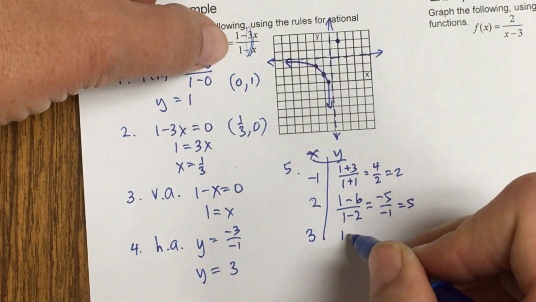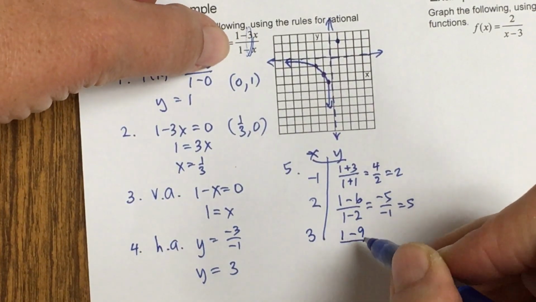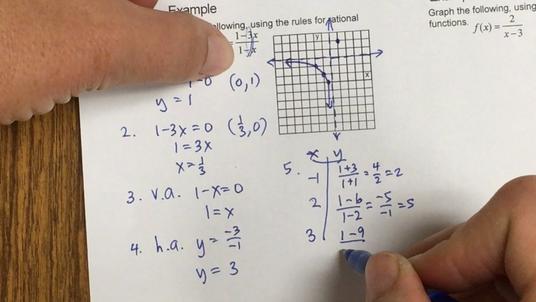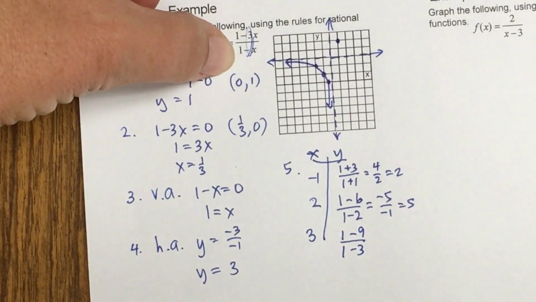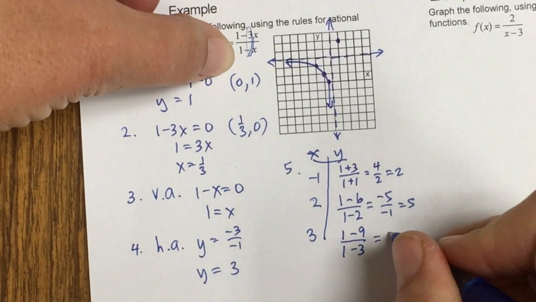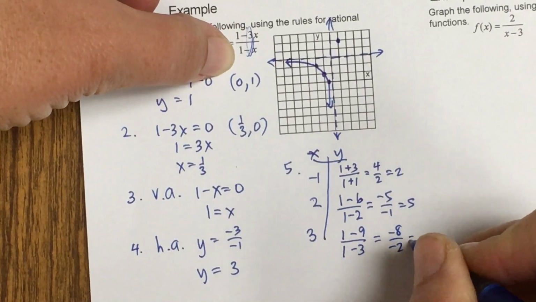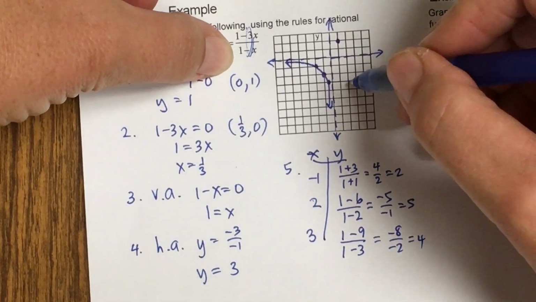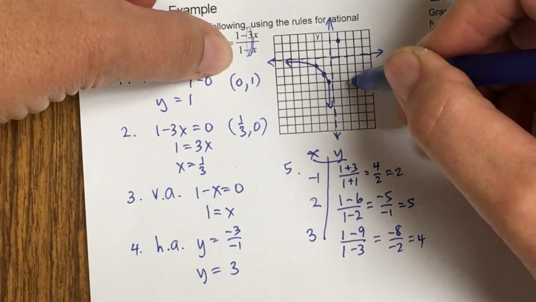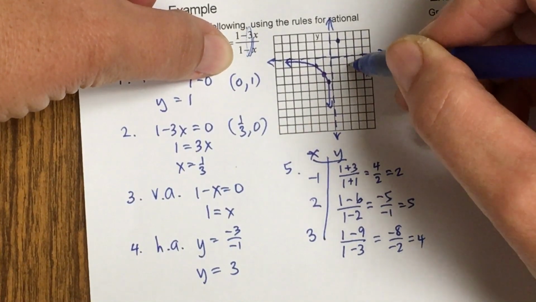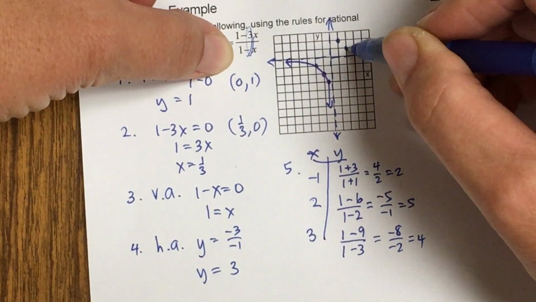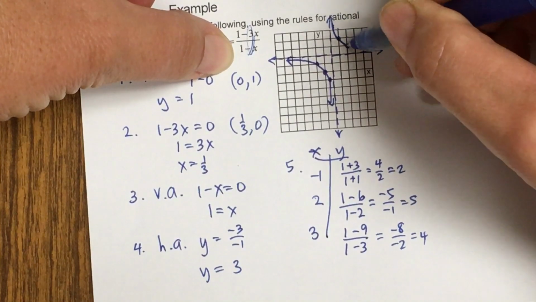So it's going to be 1 minus 9, and then this one's going to be 1 minus 3. So this is -8 over -2, which is 4. So here I am at positive 3. 1, 2, 3, 4. Hey, now it's going to look like this.